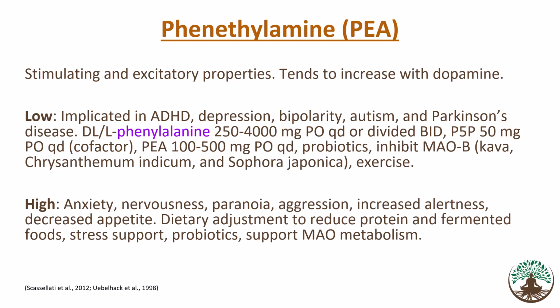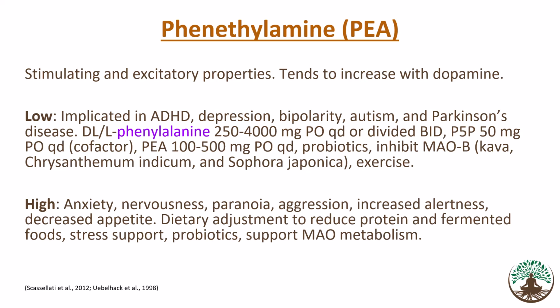The last one we'll discuss is phenethylamine, or PEA. This is a derivative of phenylalanine that has stimulating and excitatory properties. This tends to increase alongside dopamine. Studies have implicated a low PEA in ADHD, depression, bipolarity, autism, and Parkinson's disease.